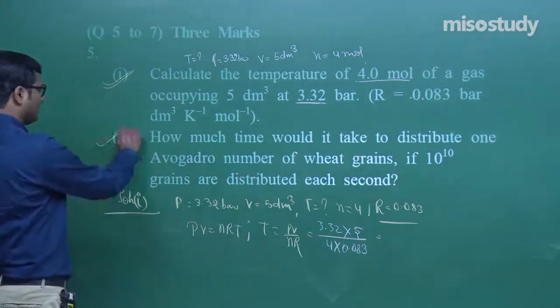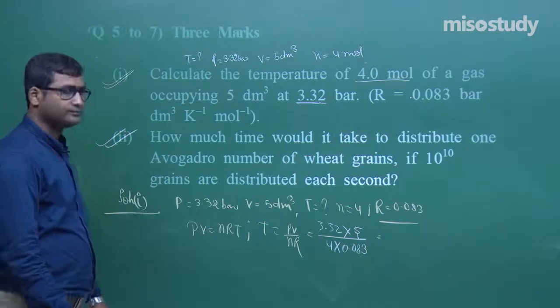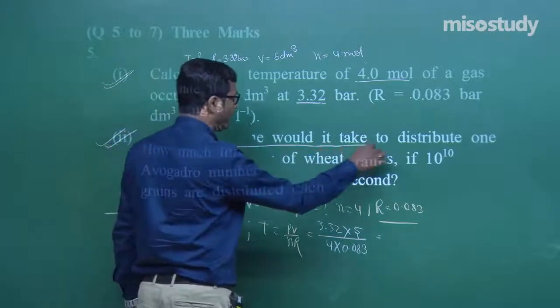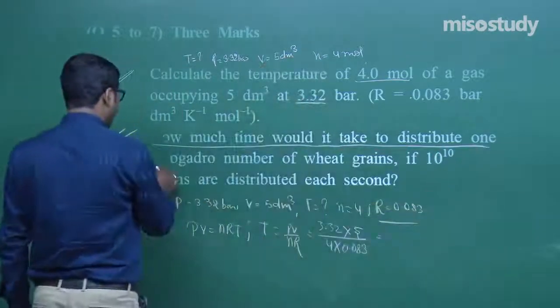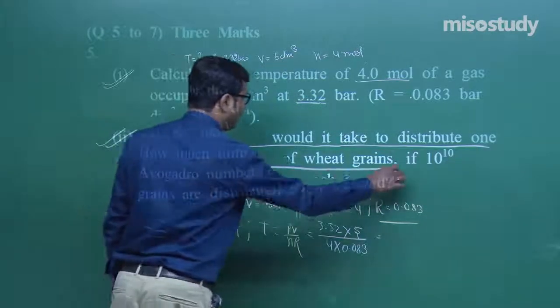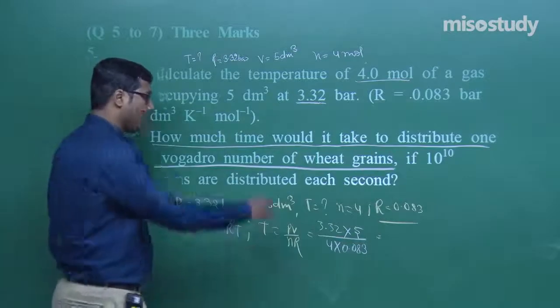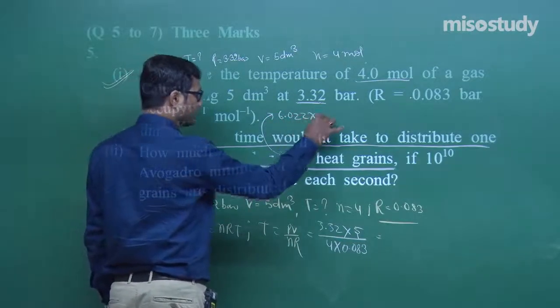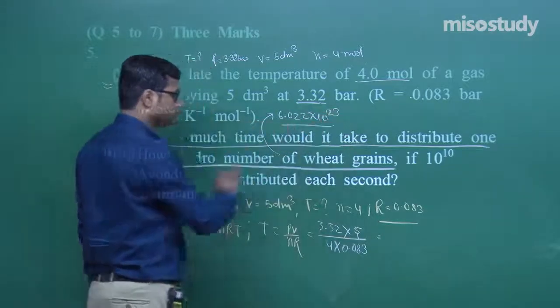Now, what is the next part of the question? This is a very simple question. How much time would it take to distribute 1 Avogadro number of wheat grains? As we know, Avogadro number is 6.022 into 10 to the power 23.